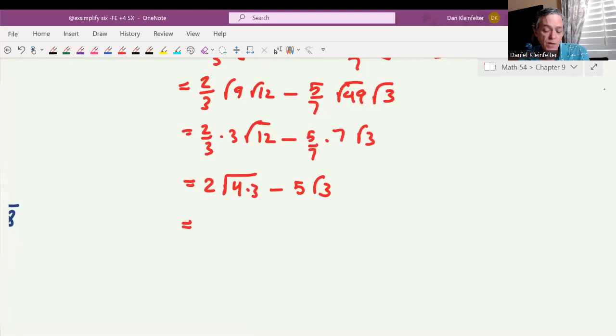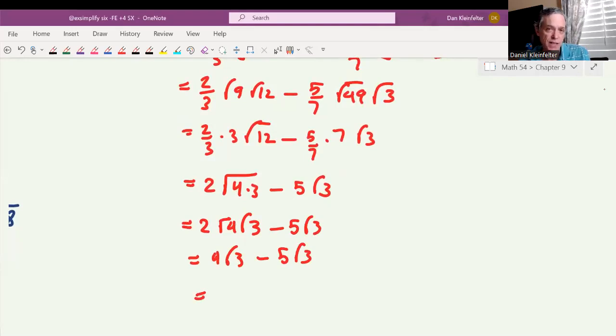And so here, the square root of 4 is 2. So we have 2 times 2, which gives us 4. We'll have 4 root 3 minus 5 root 3. This took a little longer because I did that square root of 108 in 2 steps, but that's okay. So 4 root 3 minus 5 root 3 is negative square root 3.